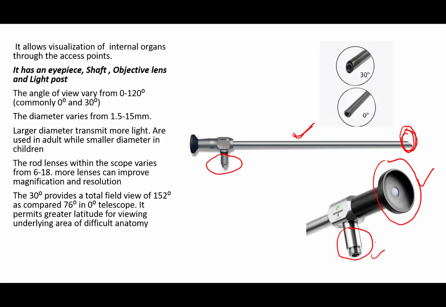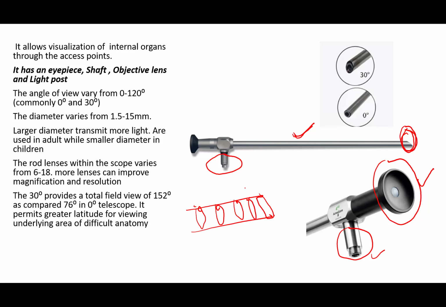Now, within these telescopes or laparoscopes, there are rod lenses, okay, several rod lenses. There are lenses within the telescope. The rod lenses within the scopes vary from 6 to 18.